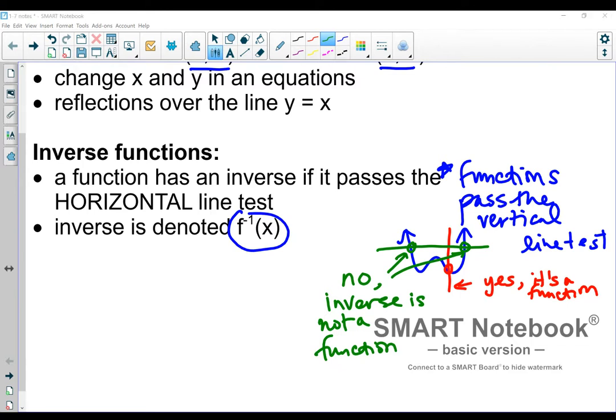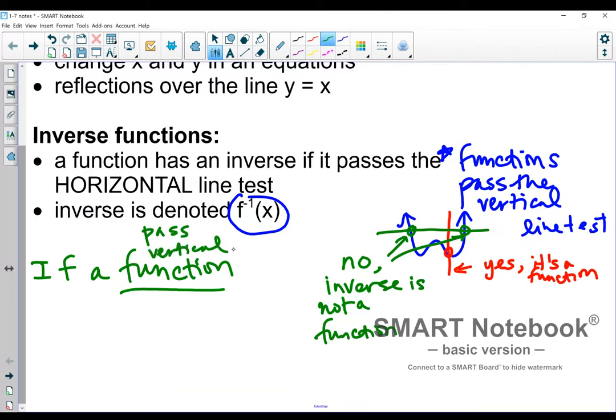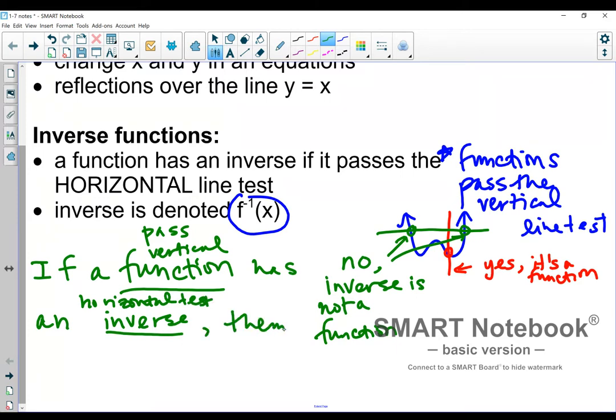Another important thing that we want to add here is that if a function, and remember functions pass the vertical line test, has an inverse, and again, inverses pass the horizontal line test, then it is one-to-one.